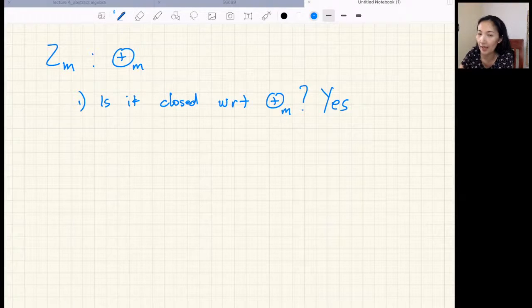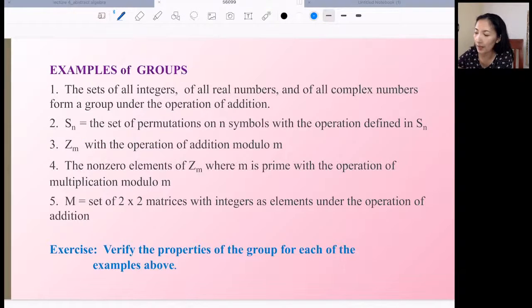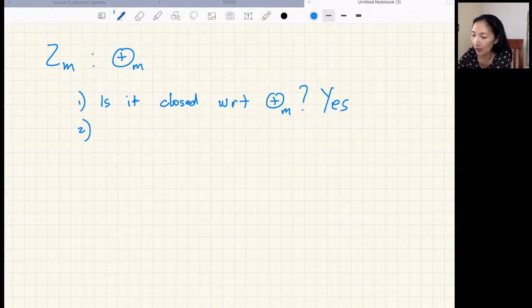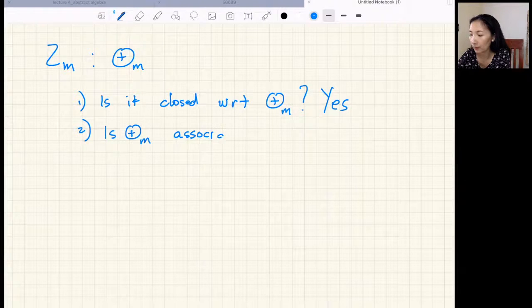Number 2, what's the second property that must be satisfied for a group? The second property is the associative property. Is addition modulo m associative? Yes, you can verify with a few cases.